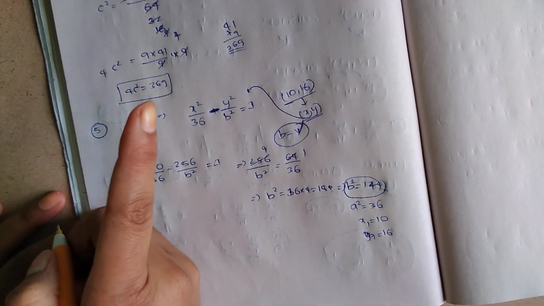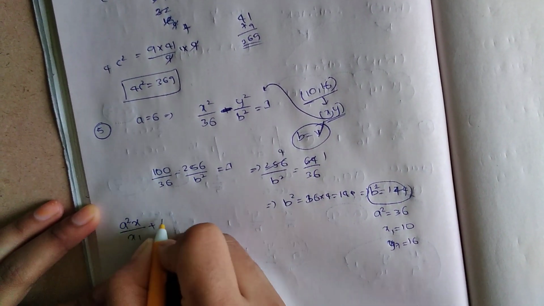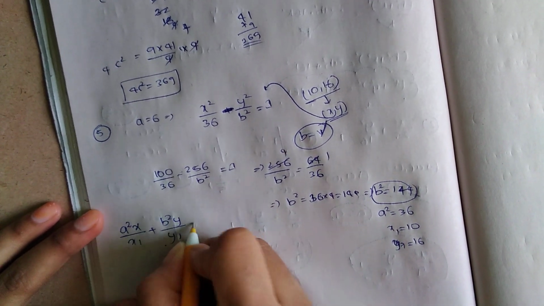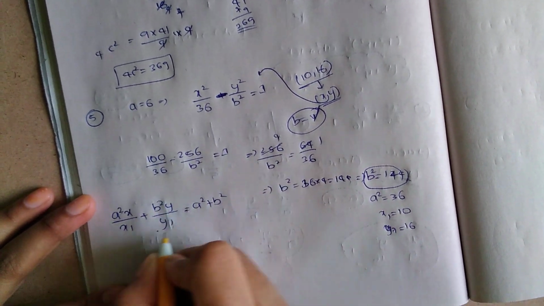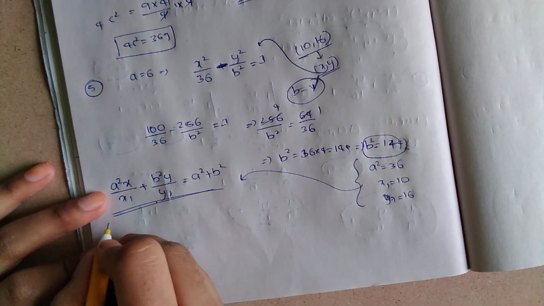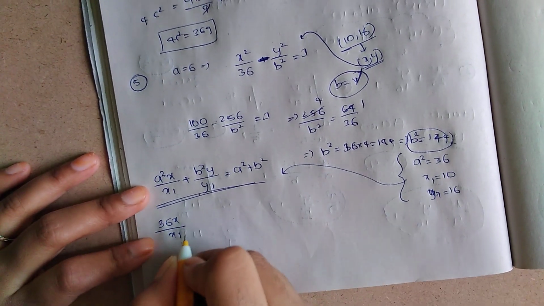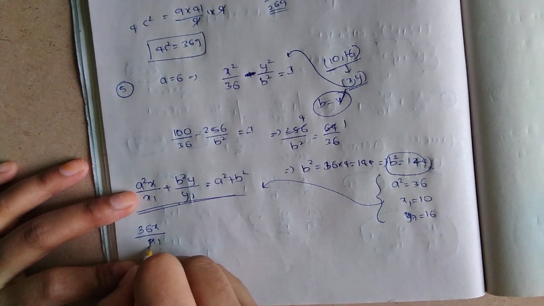The normal for a hyperbola will be, we know the formula, right? a square x by x1 plus b square y by y1 is equal to a square plus b square. We can substitute all these values over here. What do you get? 36x by x1, sorry, we know the value of x1, so I am doing this.